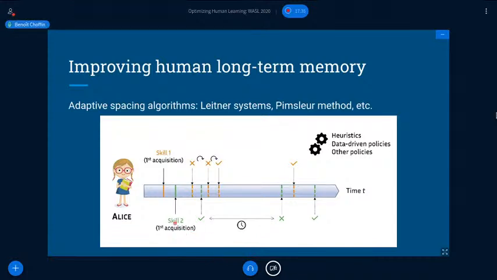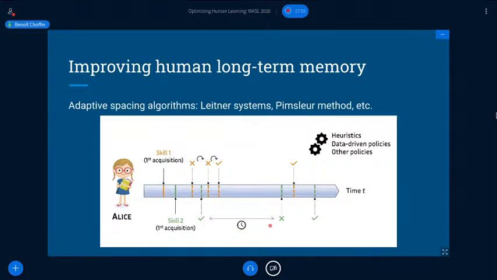On the contrary, we have skill 2. The first acquisition is here, and we see that Alice manages to remember this item correctly. This may come from a real good mastery of the item, or maybe just luck.